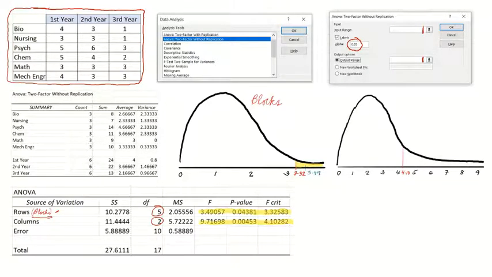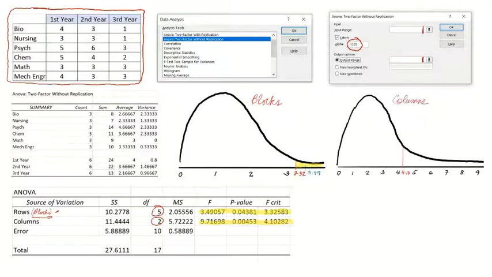Now, in terms of columns, what should be the null hypothesis here? We can say that there is no significant difference between the average sleeping hours of a first year, from a second year, and from a third year student, or between those students of different years.